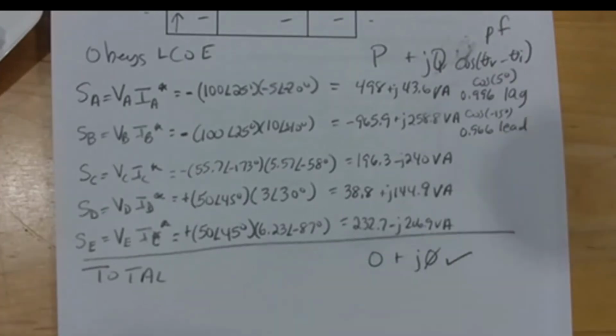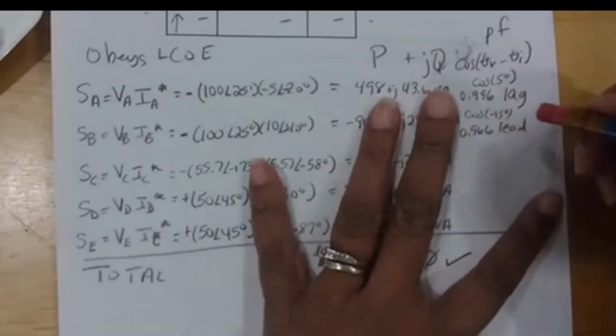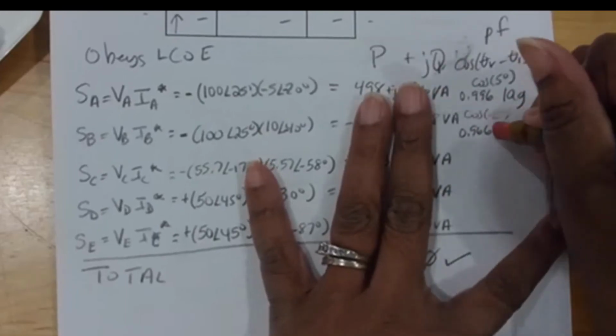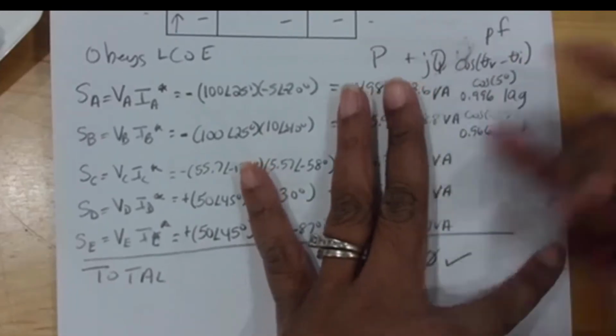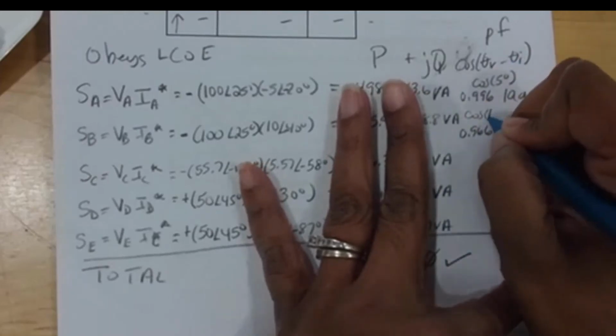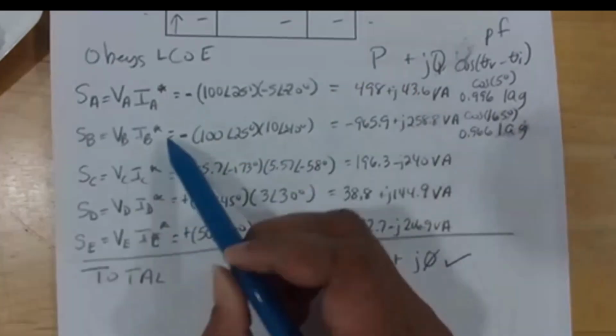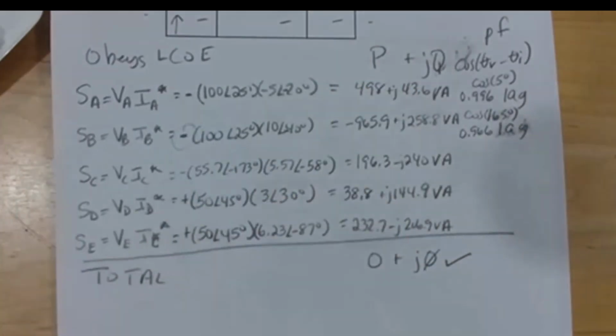Oh, I know what it is. No, it's not. It's lagging. It's because there was this minus sign out front. So this flips. This is cosine of 165. It won't change the answer, though. It's lagging. It's 165 degrees. Does everyone see why? It's because this minus sign out here flips the sign.